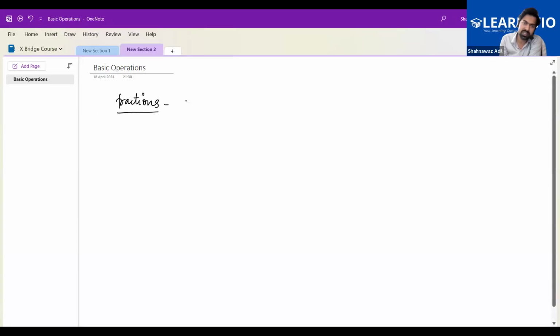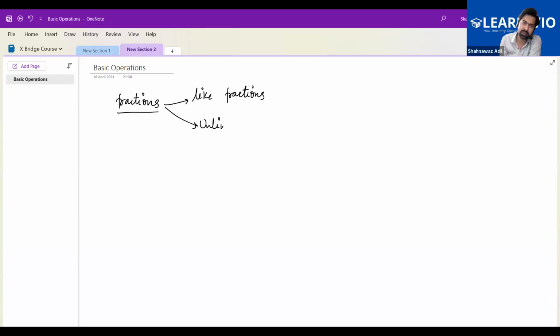And precisely, we will be talking about like fractions and unlike fractions. So what are like fractions? Do you guys remember what those like fractions were? When they have the same denominator.